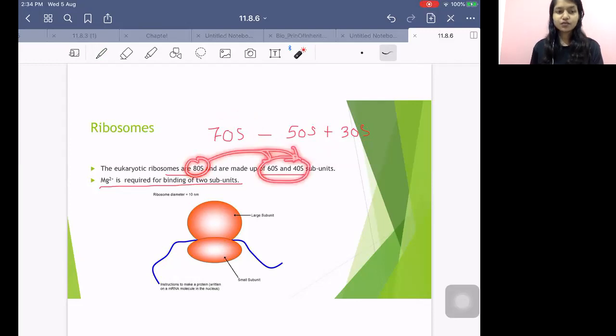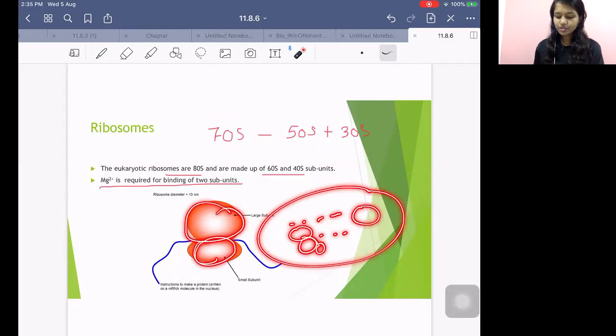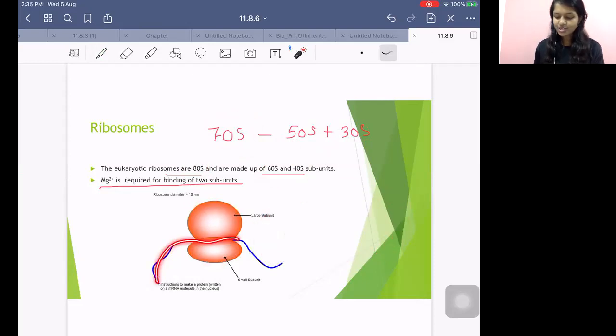In the cytoplasm, they keep floating. Whenever proteins have to be formed, then only they will join together, and then join to the messenger RNA. You know this, right? DNA to mRNA.